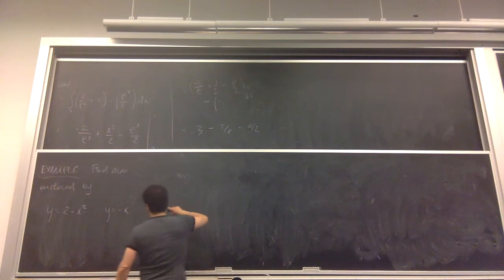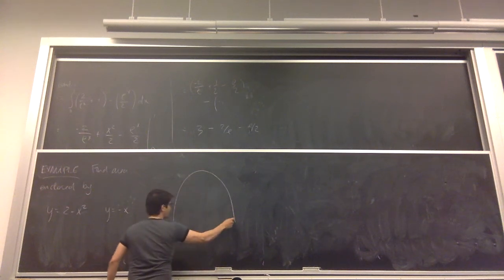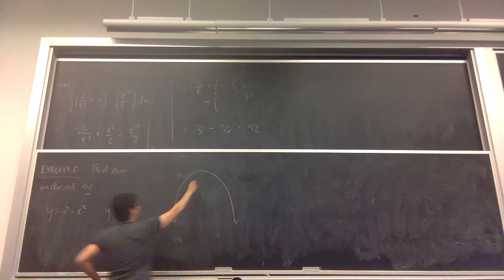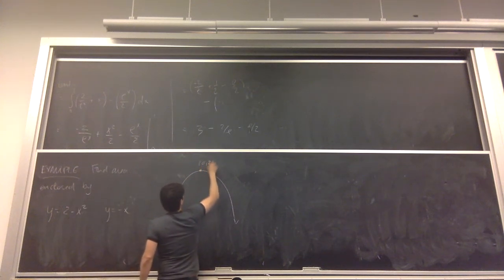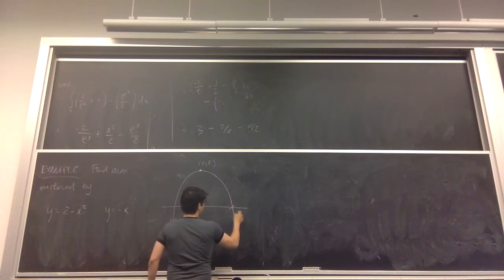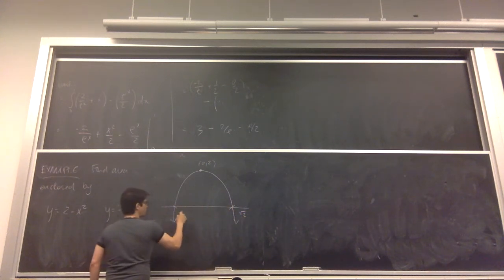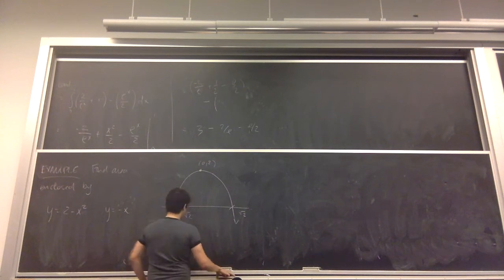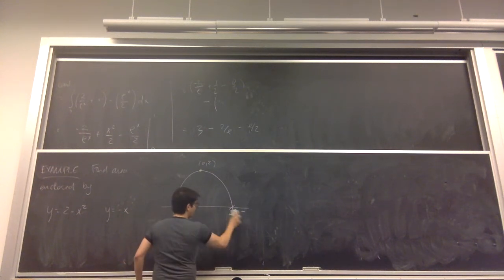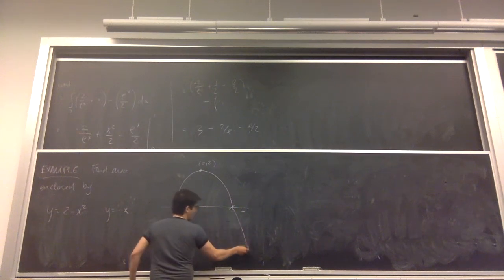So here's the parabola, downward pointing. It has its vertex at x equals 0, so we should be at 0, 2. I think this is root 2 and this is minus root 2. I think I need to make this a lot longer.